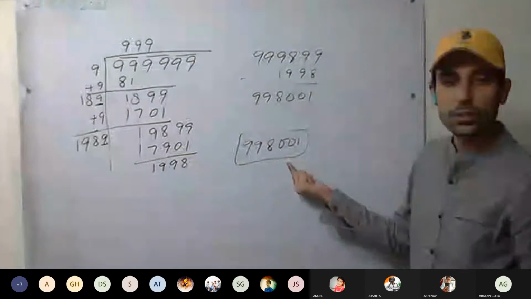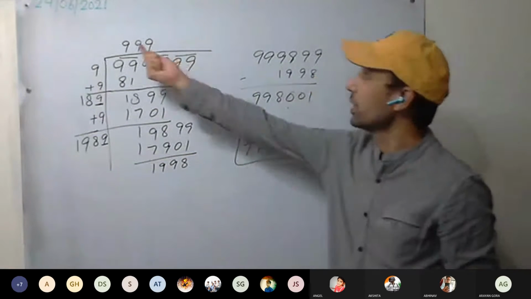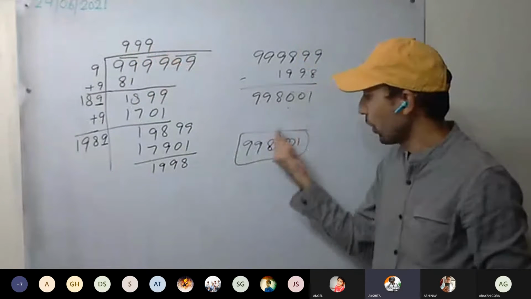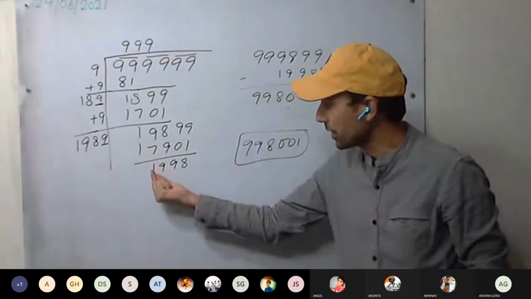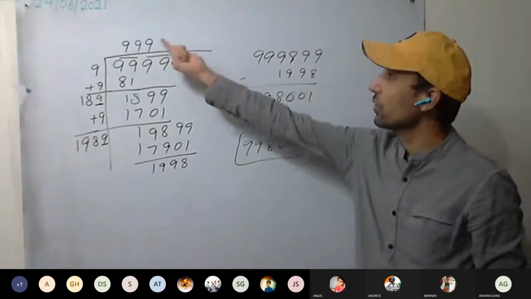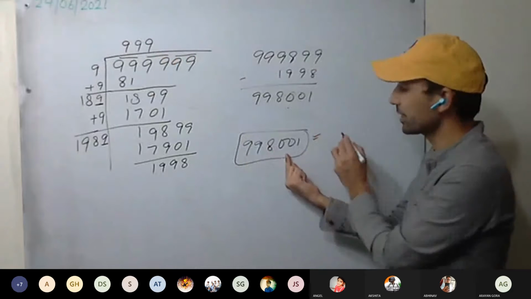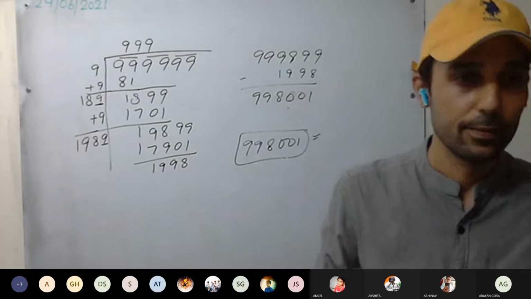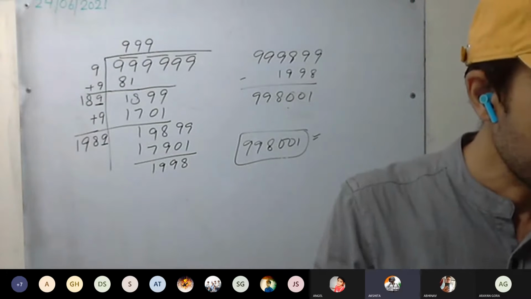It's a perfect square of 999. If we use the long division method on it, at last we get zero as the remainder. That means it's a perfect square of 999. This is the greatest 6-digit number that is a perfect square. Is this clear to everyone?